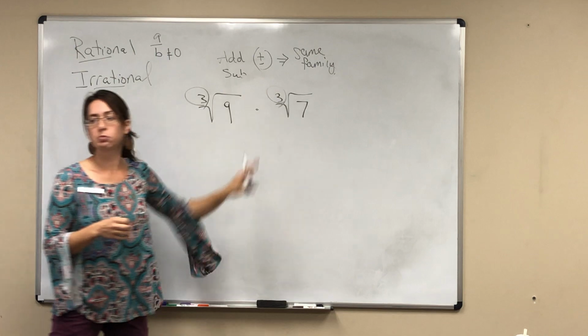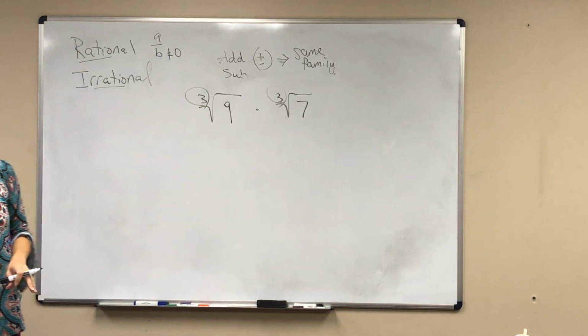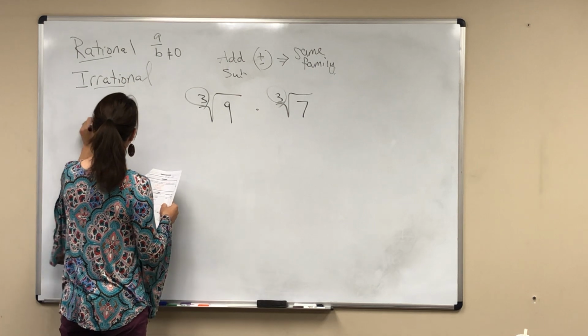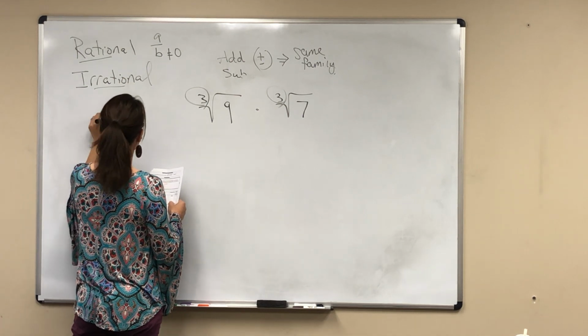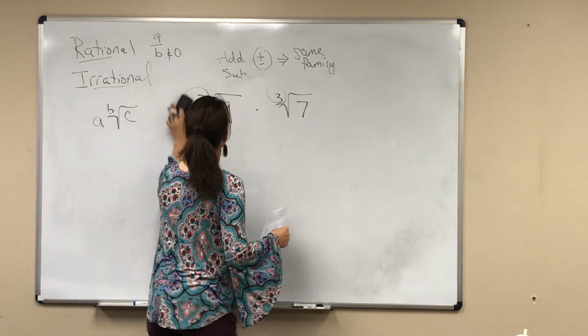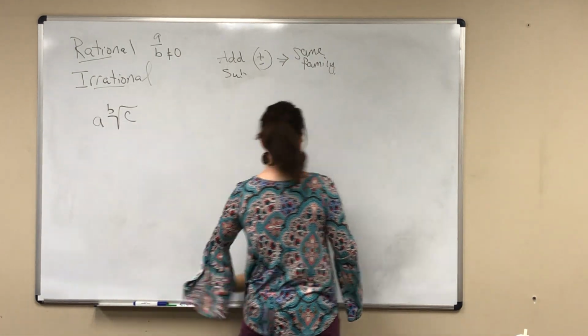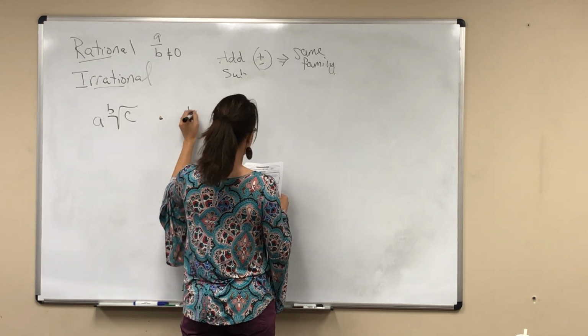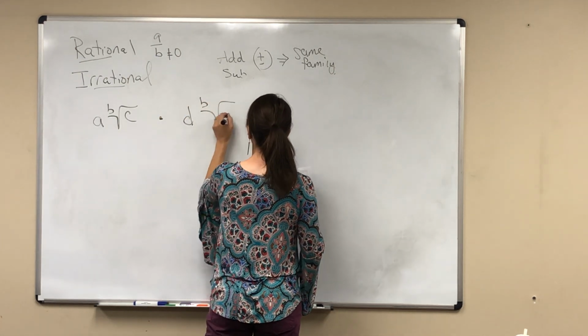So for multiplication and division, if we look at our little variables, a times the b root of c, I'm going to write it like this, times d times the b root of e.